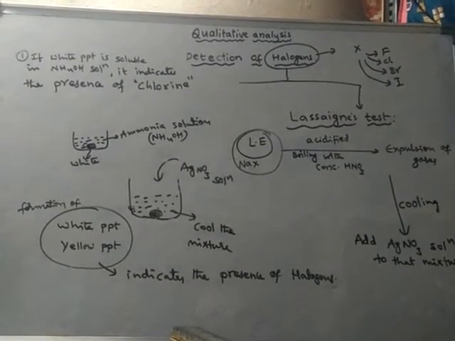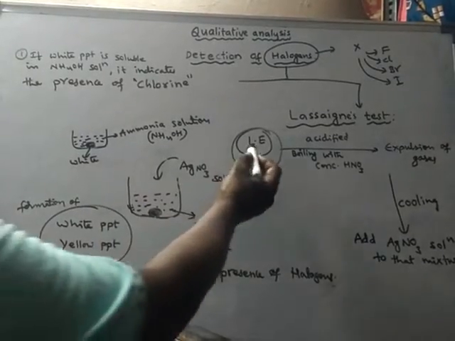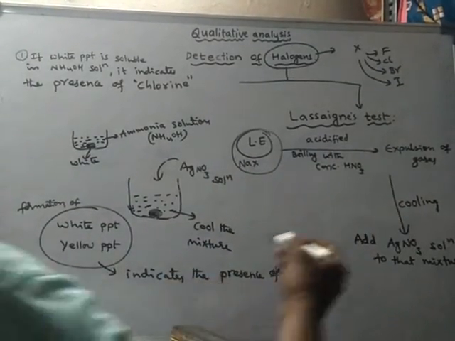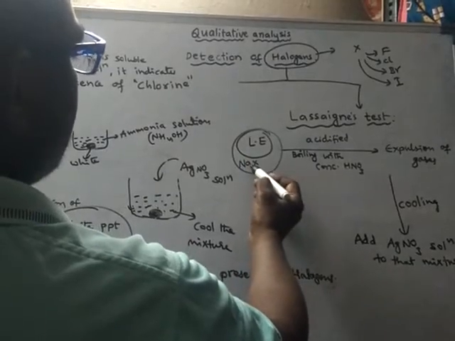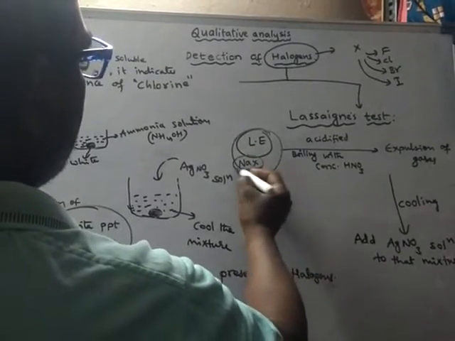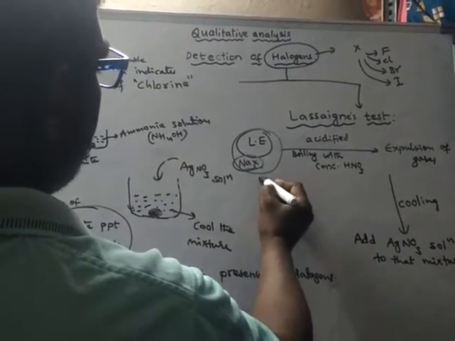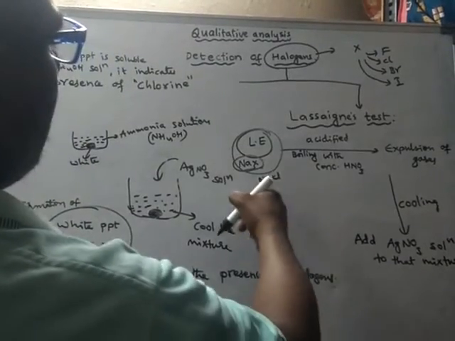See, what has happened? During all this process, if chlorine is present, it will form NaCl.